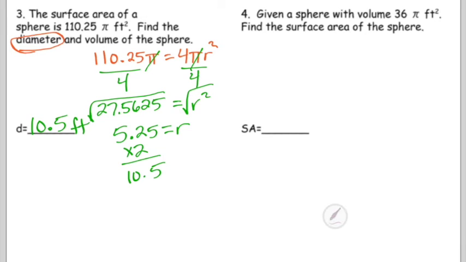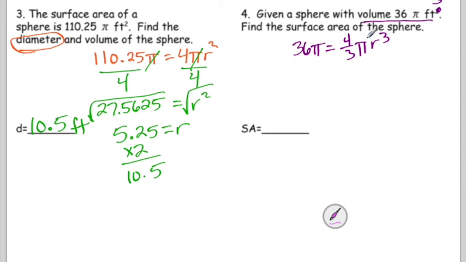For the last one, they gave us the volume of 36 pi, and I have a typo here, and I did make that typo personally, so oops, feet cubed is what that was supposed to be for volume. So the volume, which is 36 pi, equals 4/3 pi r cubed. We want the surface area, but we need to find the radius in order to get the surface area, so we're going to solve this equation.